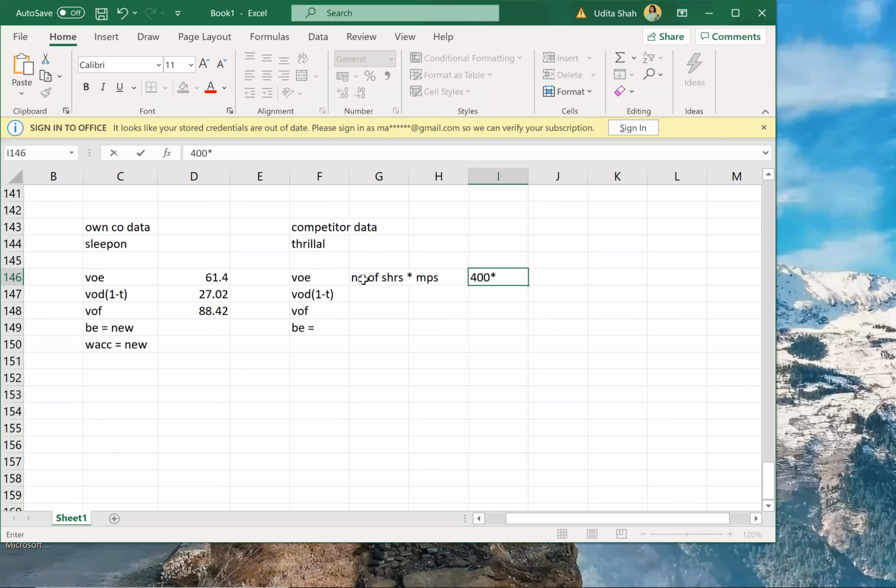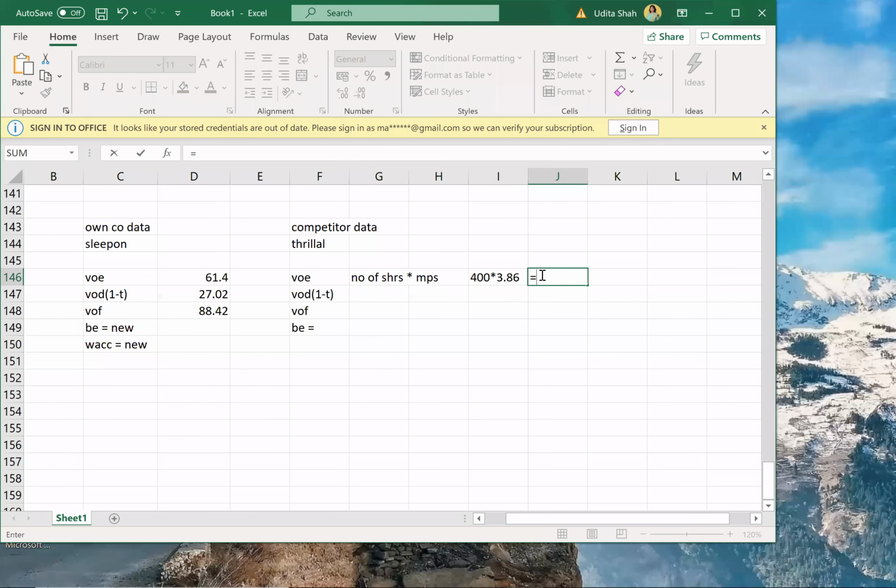Fourth line from the bottom. Current share price of Sleepon is 148 cents, and that of Trilal is 386 cents. 386 cents means what? $3.86. So that is my value of equity.